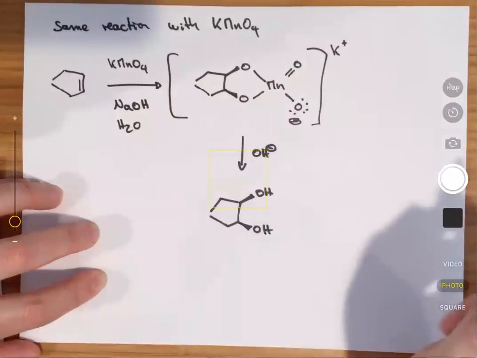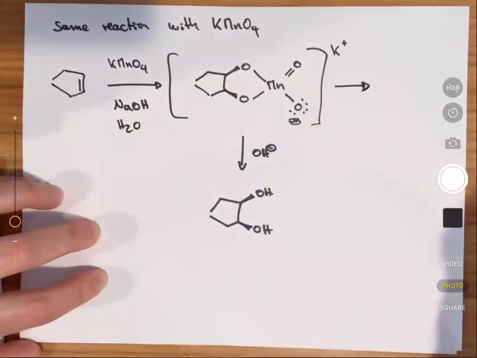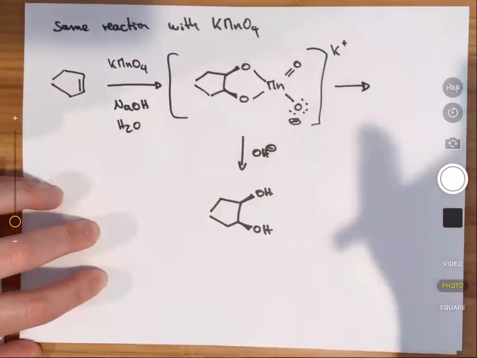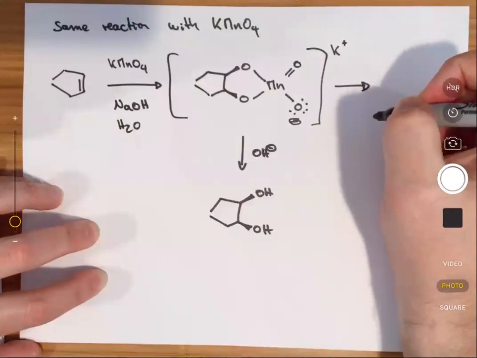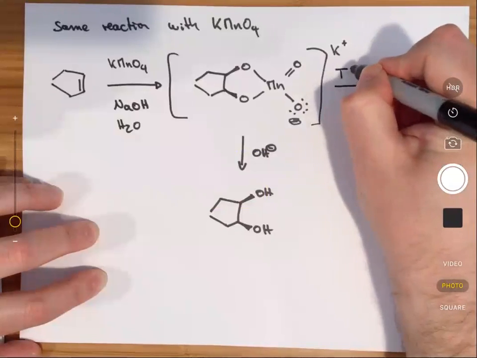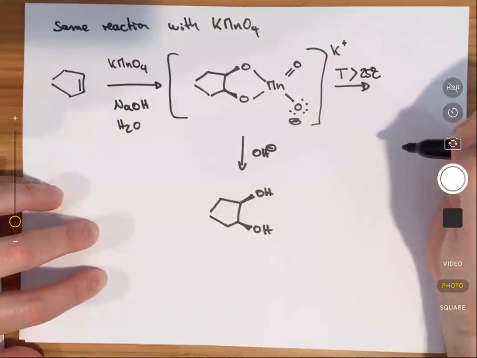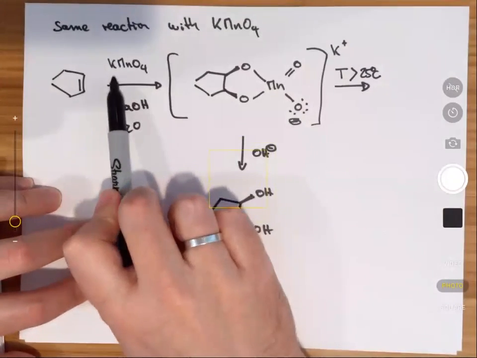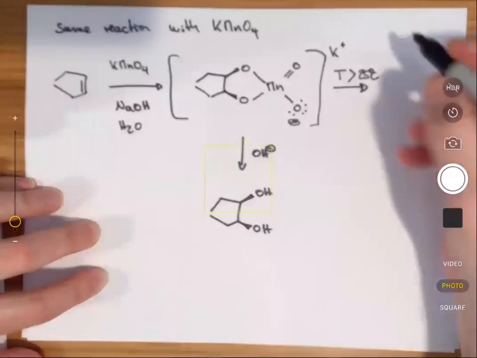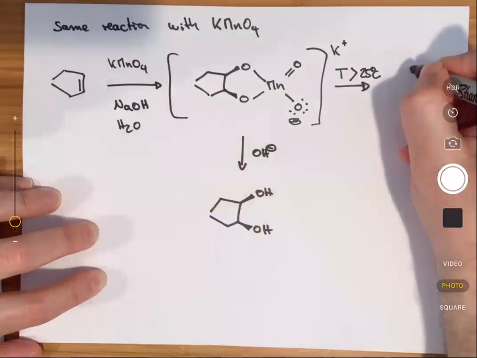However, if the temperature is just a little bit higher than 25 degrees, and please keep in mind that this is an exothermal reaction, so it's a little bit iffy to control and keep at a precise temperature. So let's say T larger than 25 degrees Celsius, then usually what happens is that with the stoichiometric amount of potassium permanganate that you have present, you further oxidize this first to the bisaldehyde.